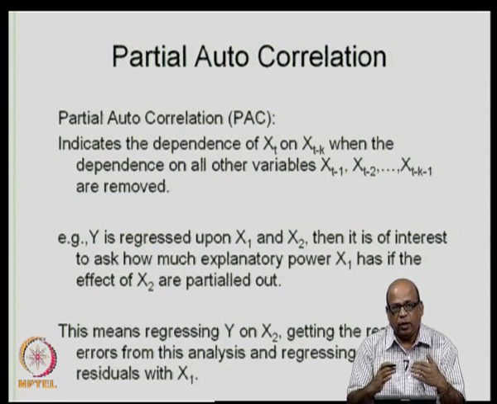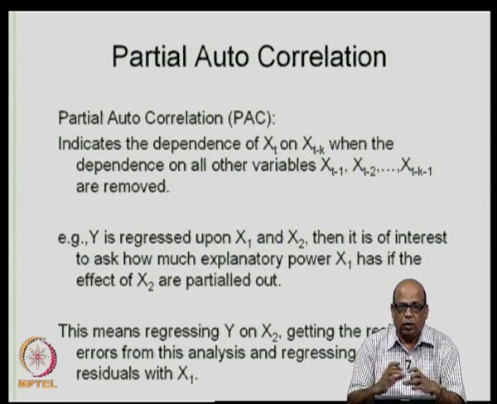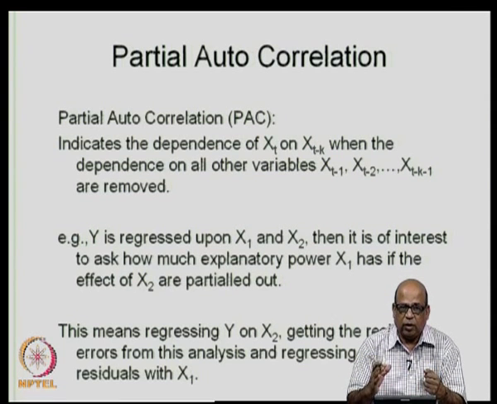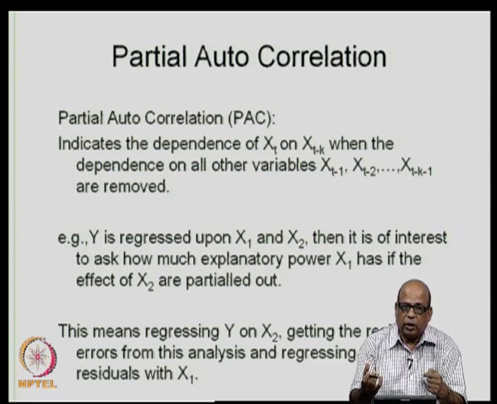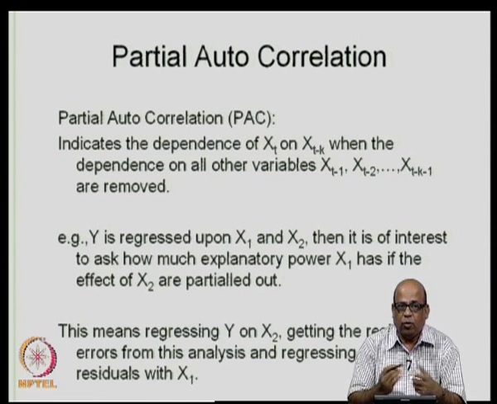That means y is dependent on x 1 as well as x 2. So, you have regressed y upon x 1 and x 2 both together, but now you ask the question, out of x 1 and x 2, how much power x 1 alone has.